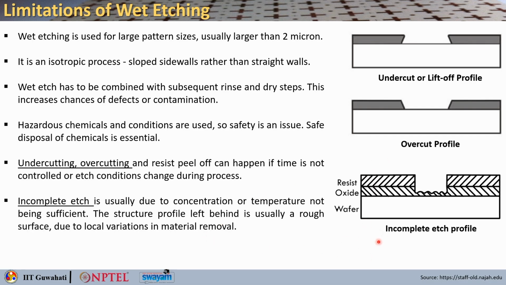You may also get incomplete etch. This is usually due to the concentration or the temperature not being sufficient. The structure profile that is left behind is usually a rough surface due to local variations in material removal.